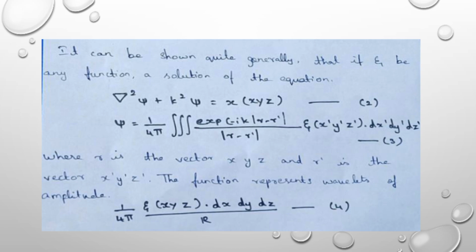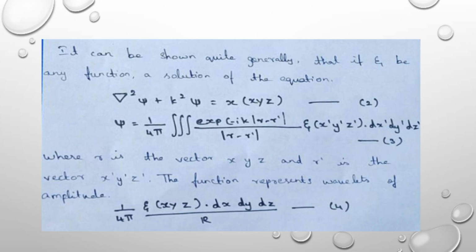It can be shown quite generally that psi can be any function, a solution of the equation del square psi plus k square psi is equal to minus rho of xyz, the second equation.